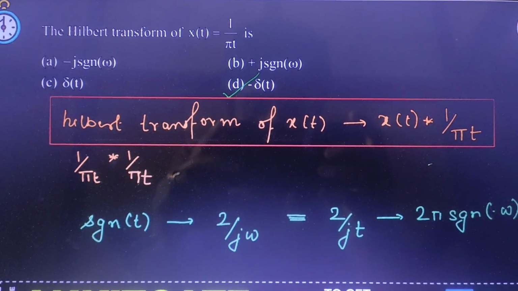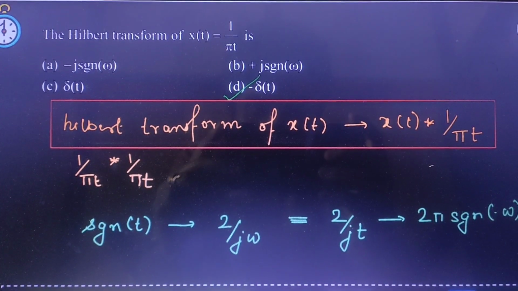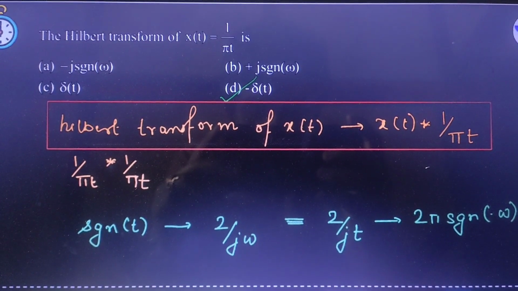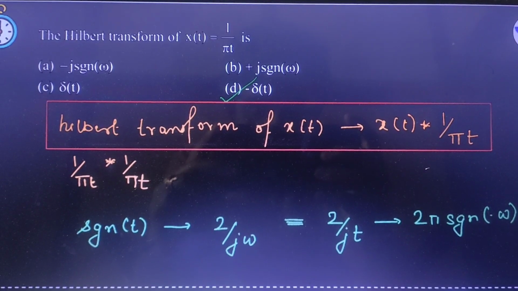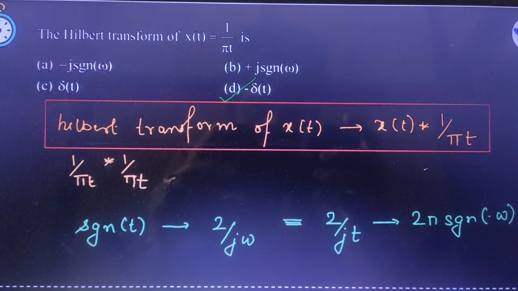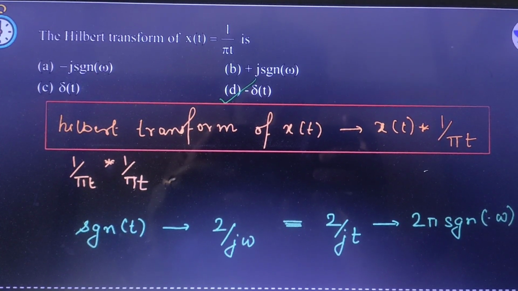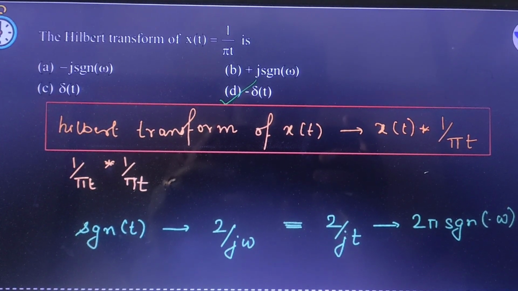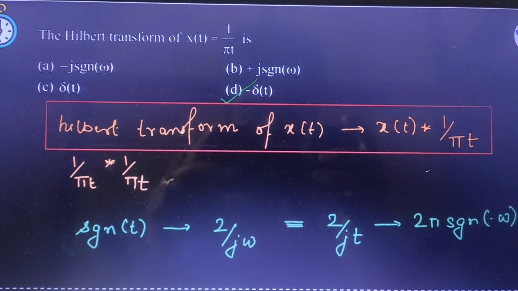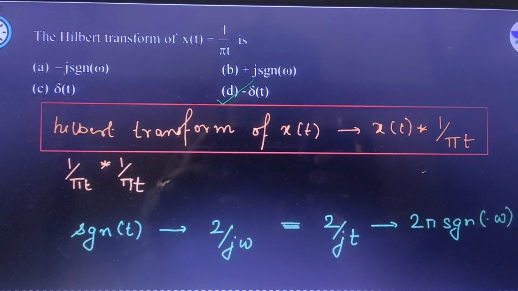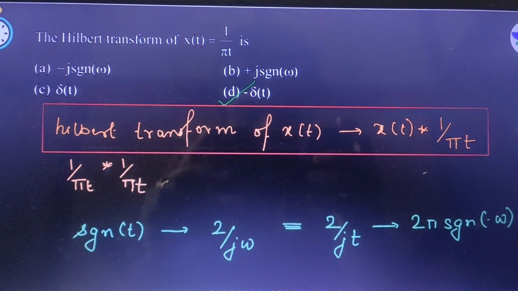The Hilbert transform of x of t is x of t convolved with 1 by pi t. Here we need 1 by pi t convolved with 1 by pi t. As we know, the Fourier transform of signum of t is 2 by j omega.